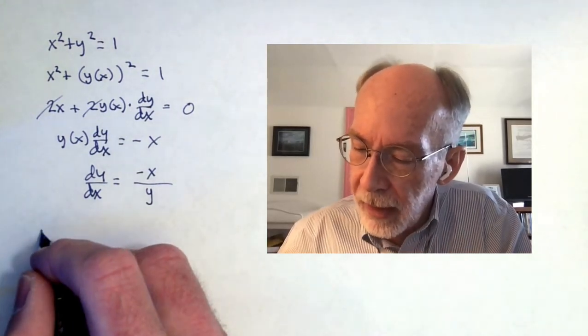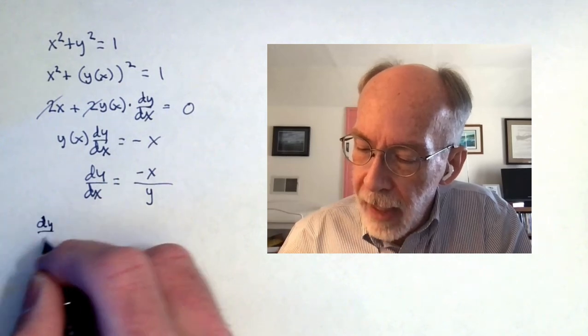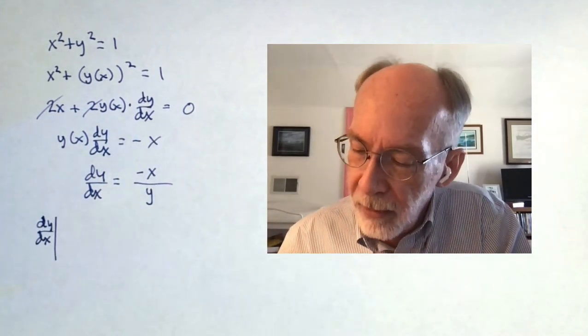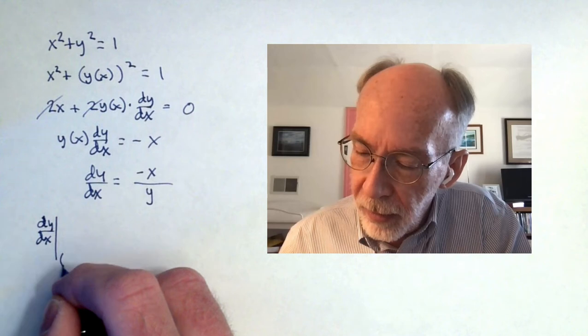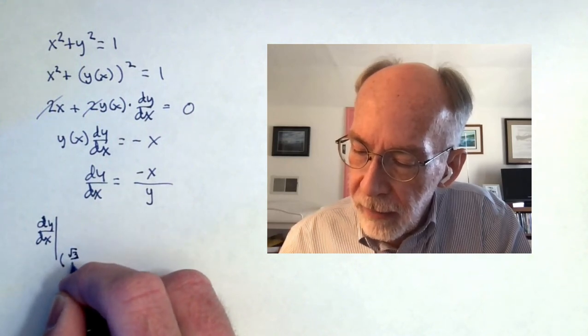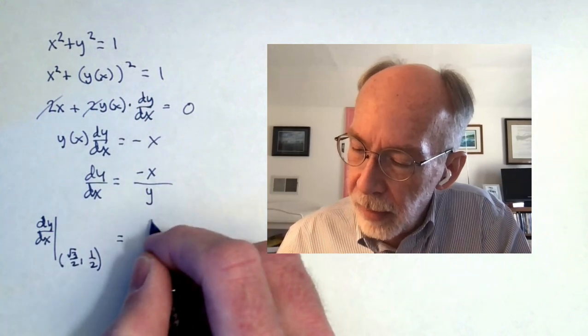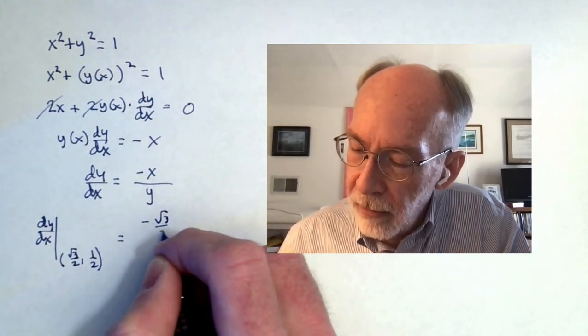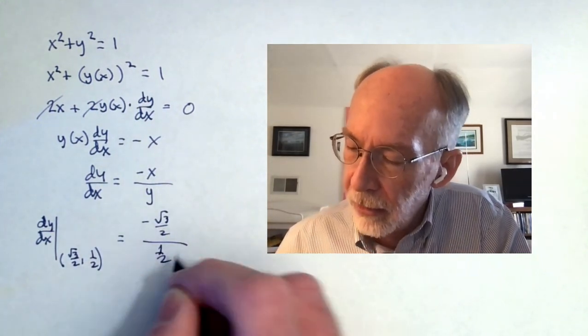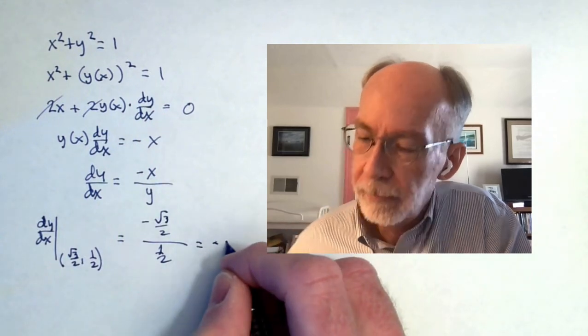Then what is dy/dx? At our point of interest, which was (√3/2, 1/2), this will be negative √3/2 over 1/2, also known as negative √3.